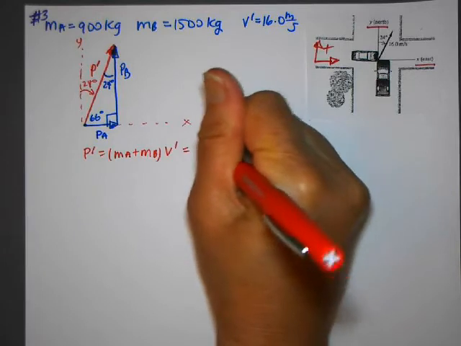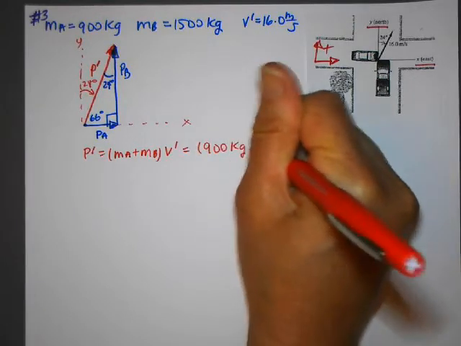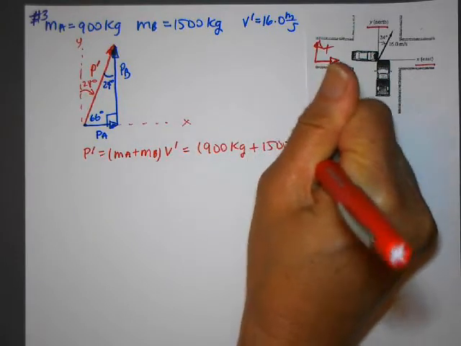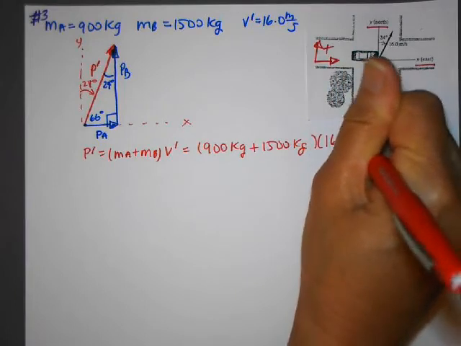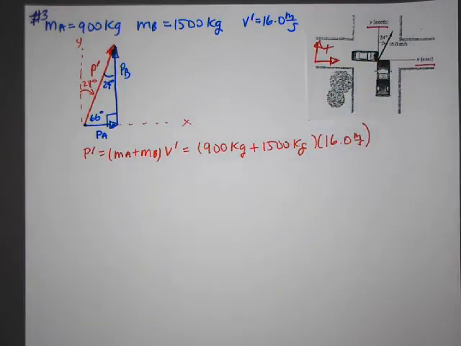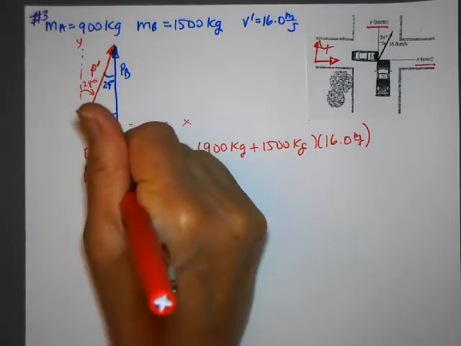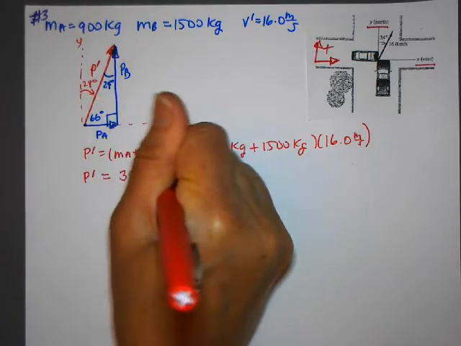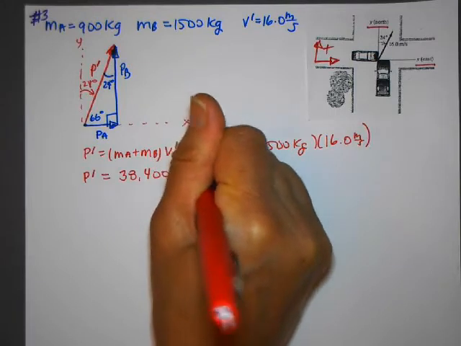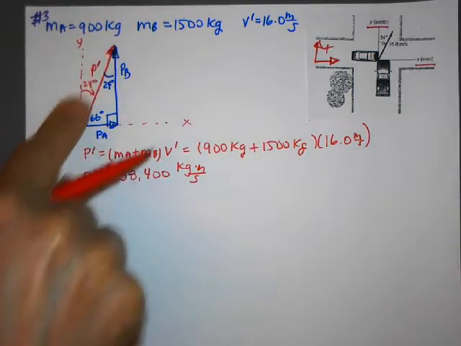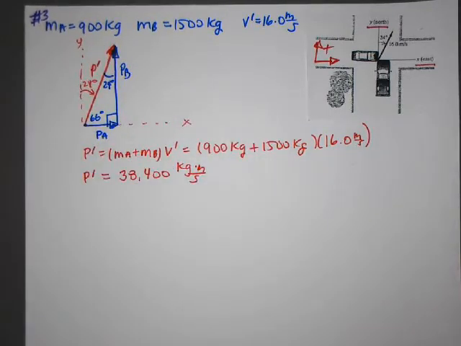So 900 kilograms plus 1,500 kilograms times the velocity after, which is 16. If I do all that on my calculator, P prime comes out to be 38,400 kilogram meters per second. So that's the hypotenuse of my momentum triangle. Okay, so they asked me to find the velocity of both of them before.